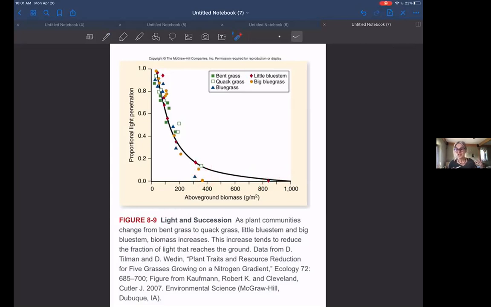They don't have as much light, but they're creating more growth with that light in order to compete for access. So this tends to be a pattern: early successional plants and animals, so invasive species for example, and then late successional plants and animals.